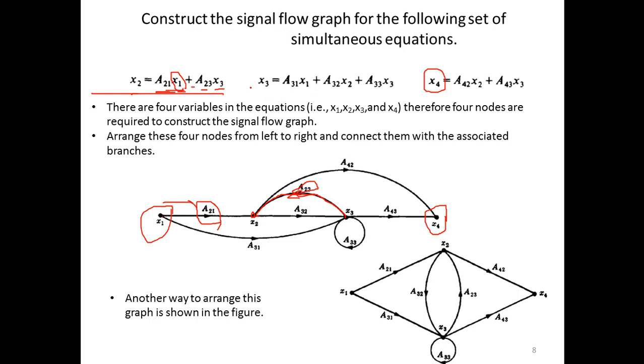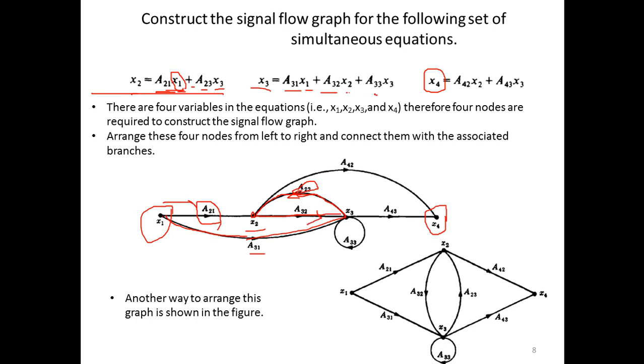We have just drawn this from this equation. Similarly, you can draw this x3. x3 is a31 with x1. So x1 multiplied with this a31 will be inserted in the x3, and again a32 will be multiplied with this x2. So this a32 when multiplied with x2 gives input to the x3.